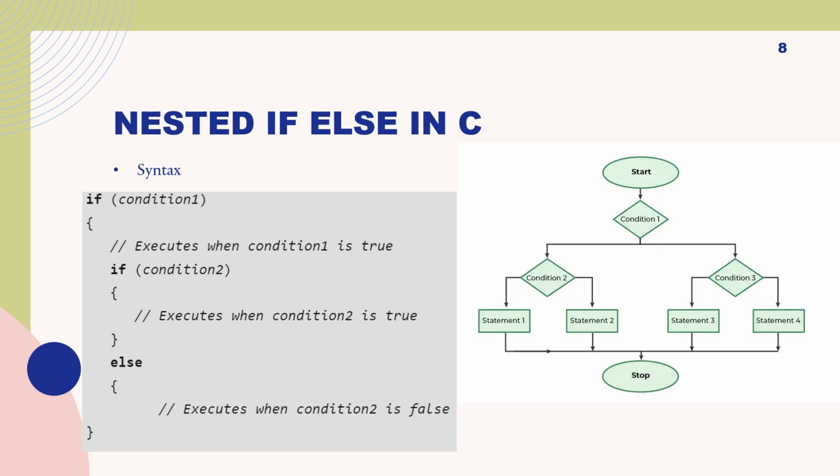Here you can see the syntax and the flowchart of nested if. The if condition executes the condition 1 true statements, and again one more if, condition 2, it will execute if condition 2 is true, otherwise it will come out when condition 2 is false.